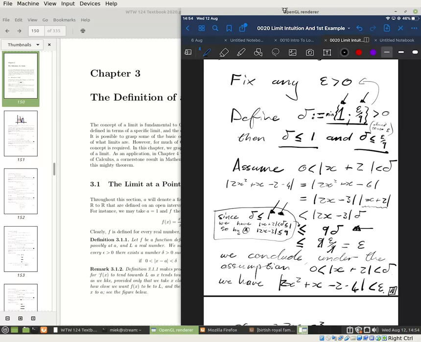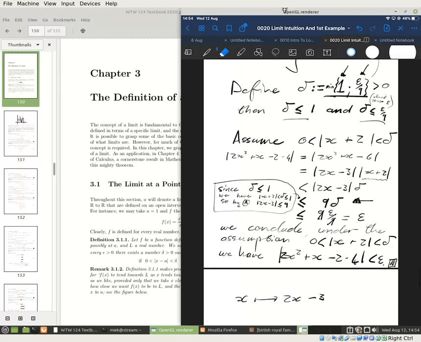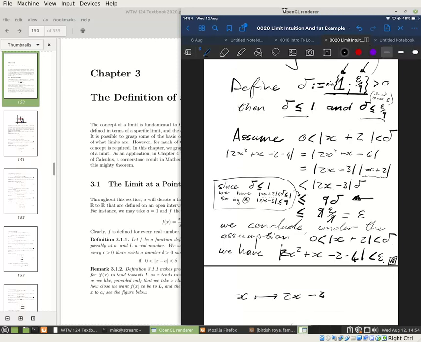And we choose the minimum of the two, because we want delta to be less than or equal to 1 and epsilon over 9 at the same time. And if we choose delta to be the minimum of 1 and epsilon over 9, that is automatically true. That is by definition of the minimum. And when we choose our delta that way, we end up with this expression that we're interested in less than epsilon.